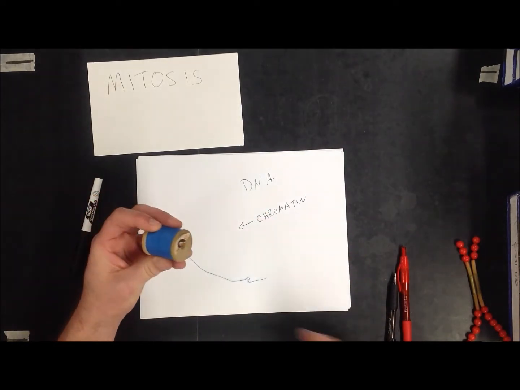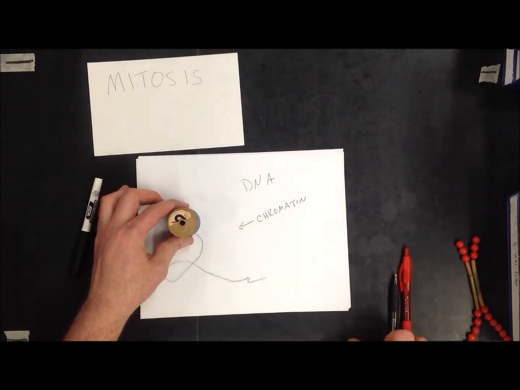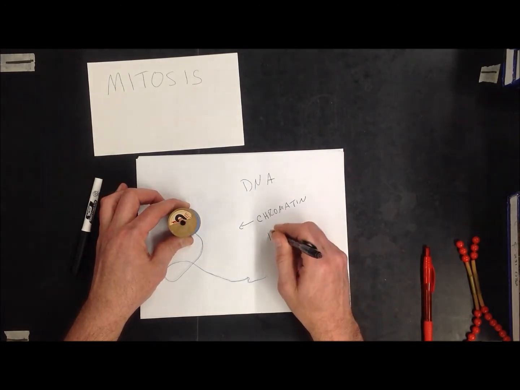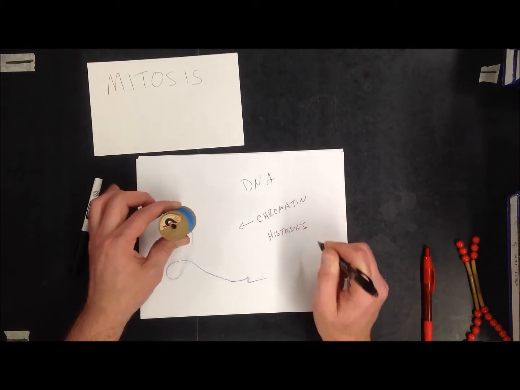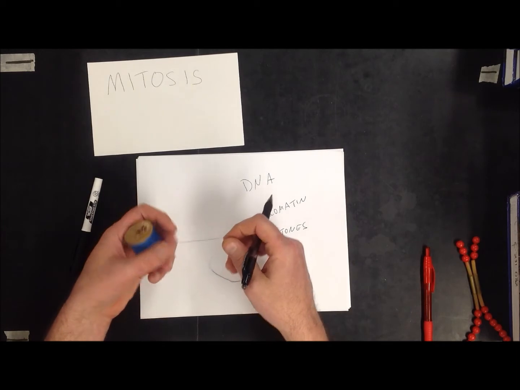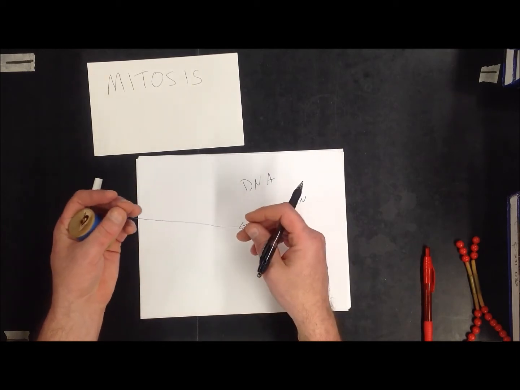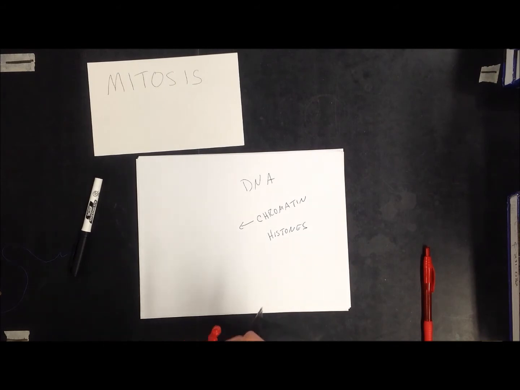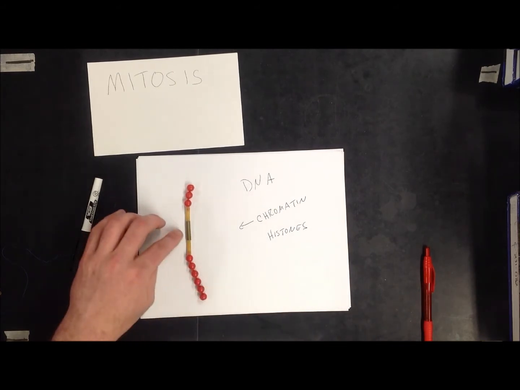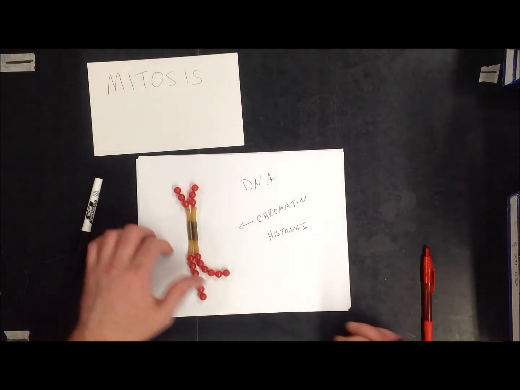And that happens with little proteins, and the proteins that we wind it around are called histones. So then when we wind it up, our chromatin looks like something like that. That would be one strand of DNA, and this would be a copy of it.